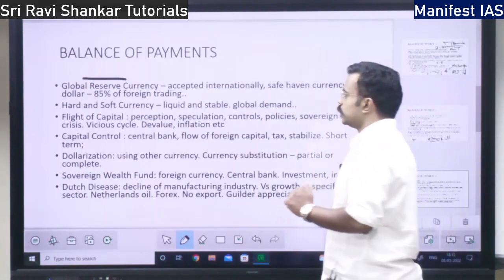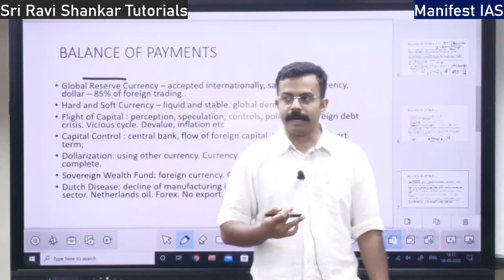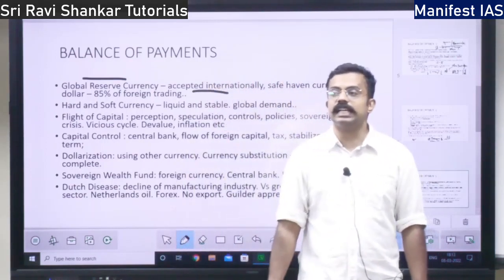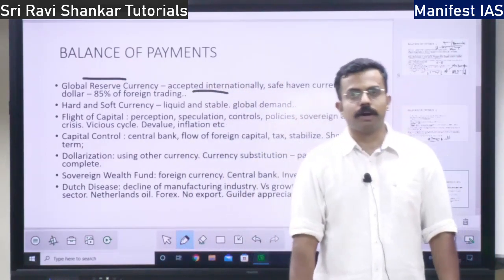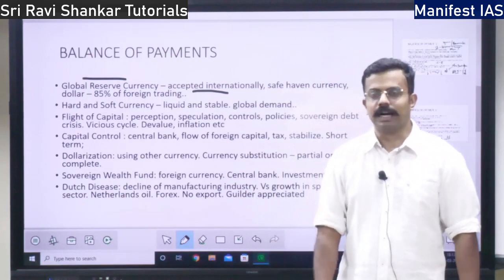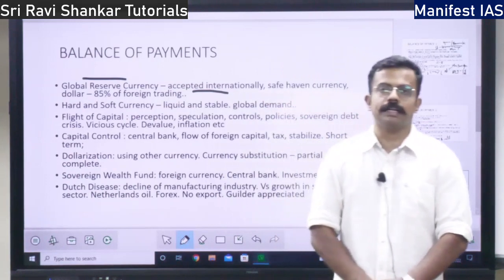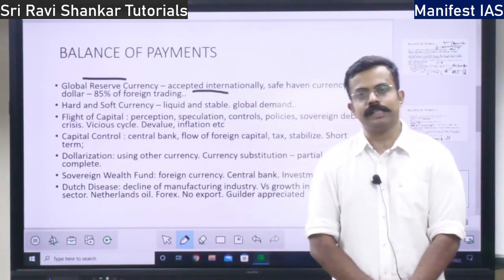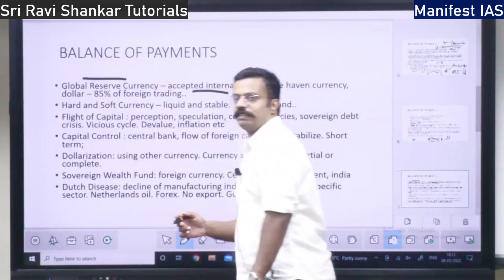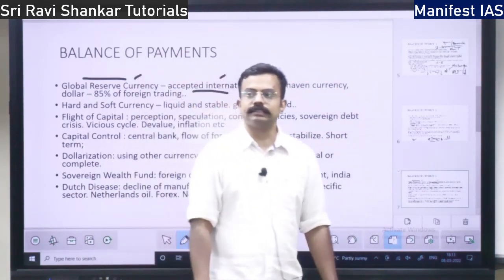That is the global reserve currency. The dollar is a global reserve currency, a currency which is accepted internationally. If you take dollars and give them to anybody, everybody will accept the dollar. But if you give rupees to foreigners, not many will accept. Pakistanis, first of all, will not accept. So the currency which is accepted internationally is called the global reserve currency.